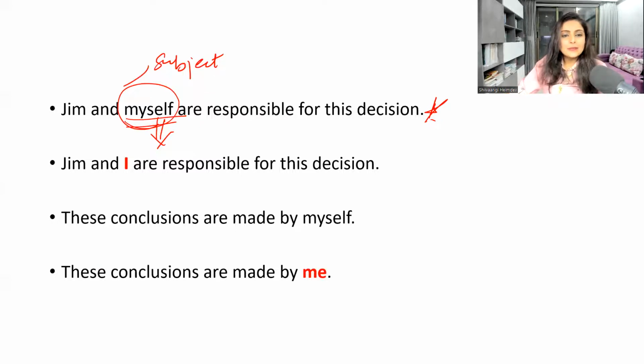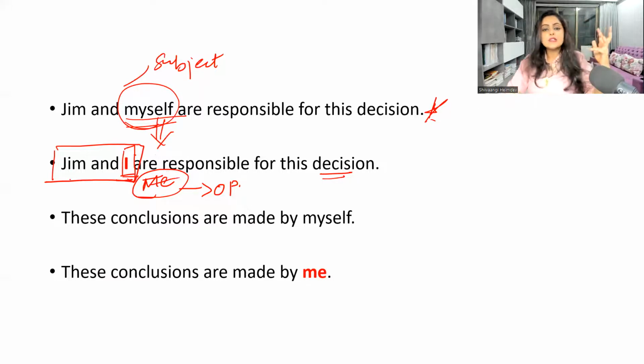So what is correct? The correct expression is Jim and I. Jim and I are responsible for this decision. And also not Jim and me. You cannot make use of me in this sentence because me is an object pronoun, and an object pronoun cannot be used as a subject, because here I'm talking about the subject. Jim and I are the subjects of the sentence.